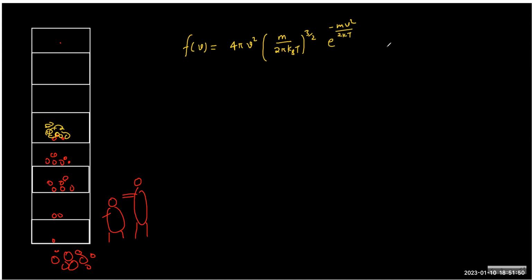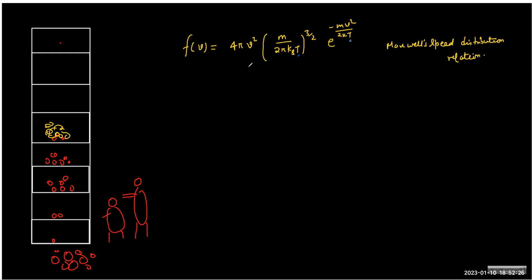So this is called the Maxwell speed distribution relation, which actually gives you the idea that for a given temperature T, the fraction with velocity v will follow this formula.